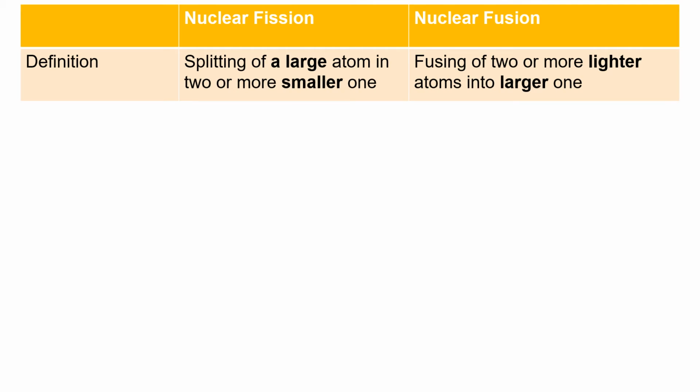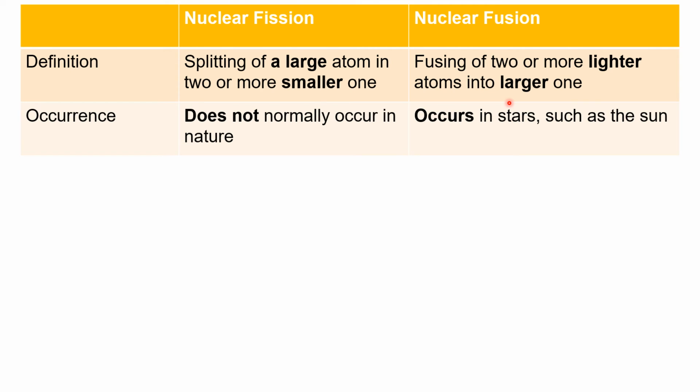Now, let's compare nuclear fission and nuclear fusion. In terms of definition, nuclear fission is the splitting of a large atom into two or more smaller ones, whereas nuclear fusion is the fusing of two or more lighter atoms into larger ones. So basically, fission is from large to small, and fusion is from light to large. As for occurrence, nuclear fission does not normally occur in nature, whereas nuclear fusion occurs in stars such as the sun.